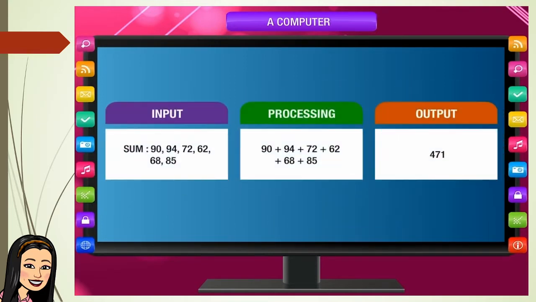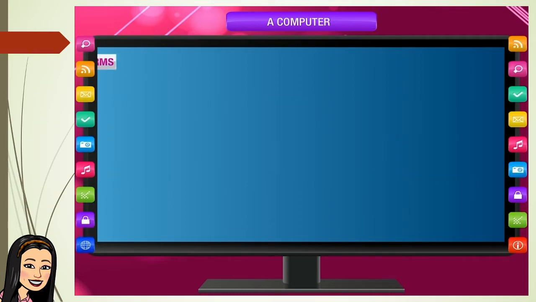This is how it is done with the help of a computer. We input data and instructions. The computer works on the data on the basis of the given instructions and produces output that is useful to us. This output can again be input for further processing. For example, you can enter the total to calculate the percentage.